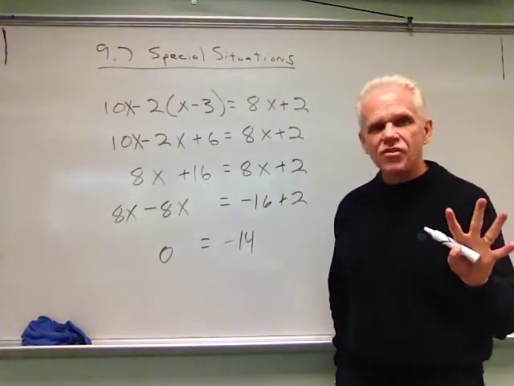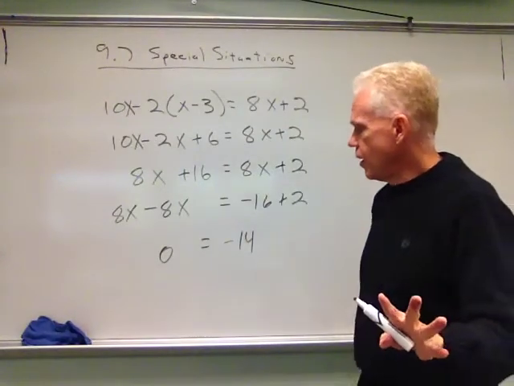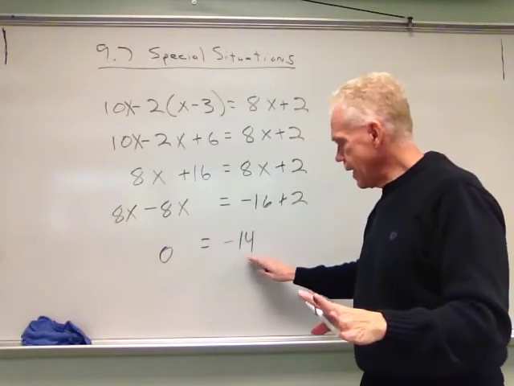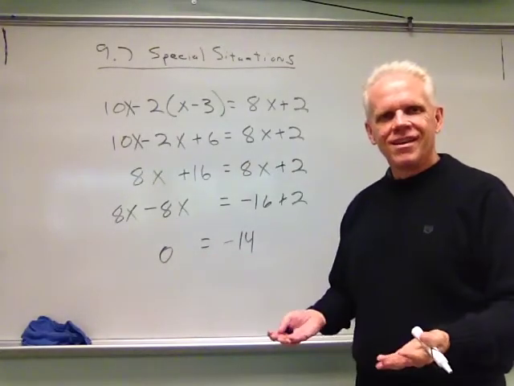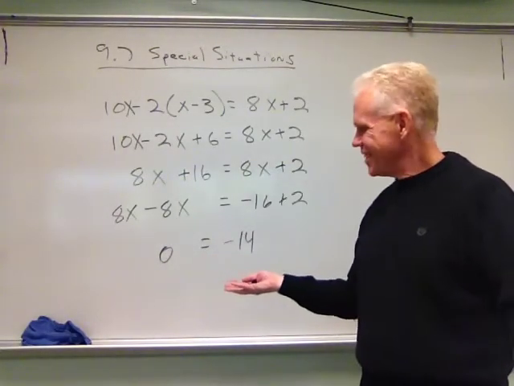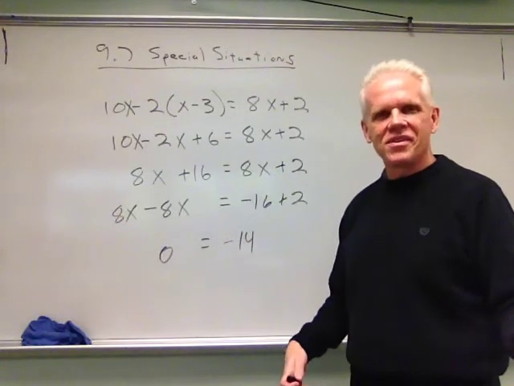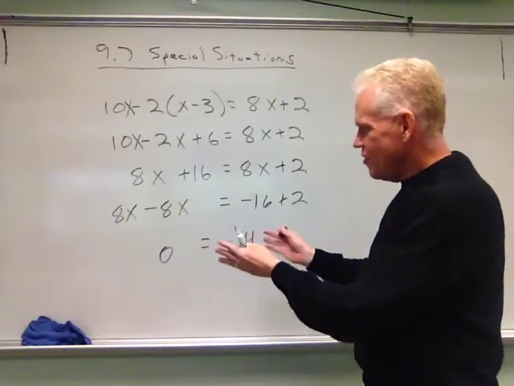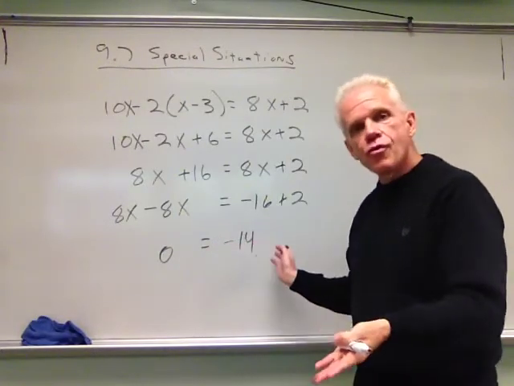Now, what I want to ask you at this point, guys, is does 0 actually equal negative 14? Of course not. 0 is not negative 14. 0 is 0. This is just not true.